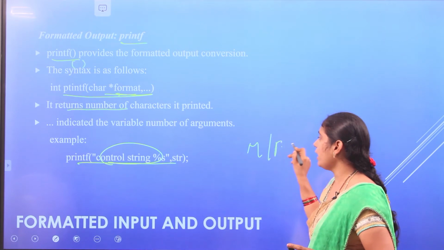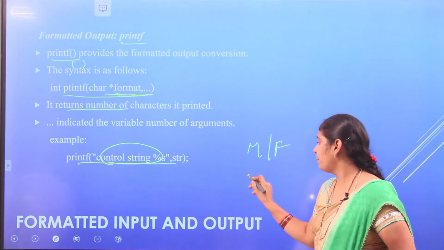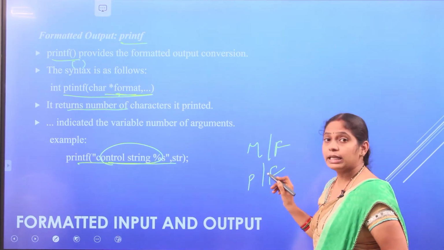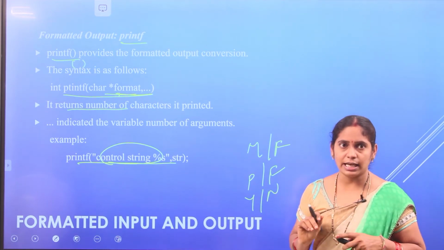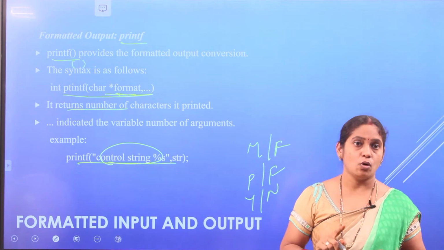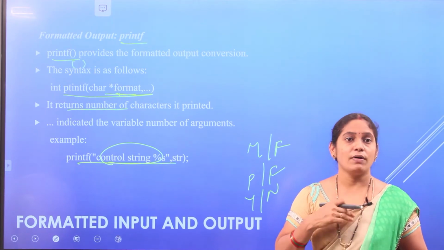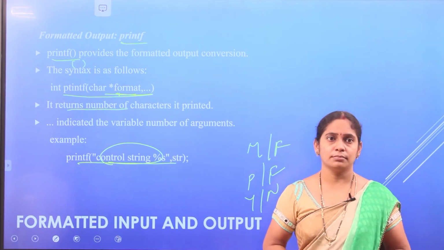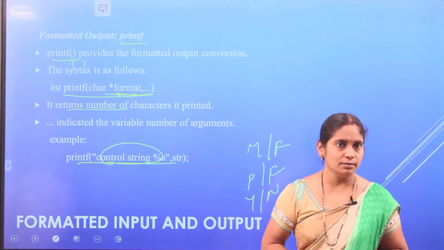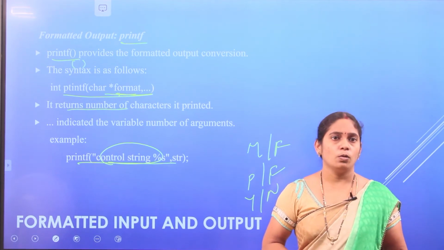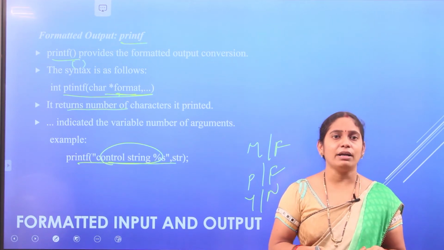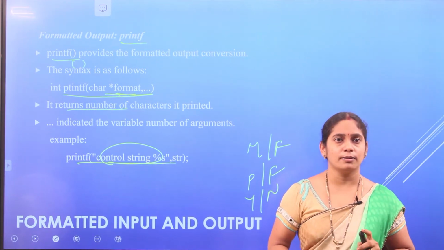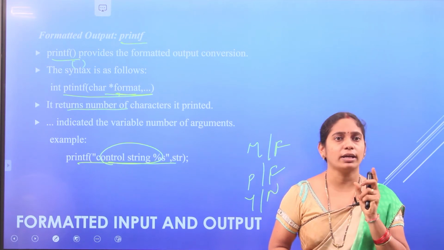As M or F. Pass or fail, P or F. Yes or no, Y or N. So in these three cases we represent only one letter. When I ask you to tell your name, is it only one letter? No. More than one letter. If you have more than one letter, we usually call that a string. String is nothing but a group of characters.